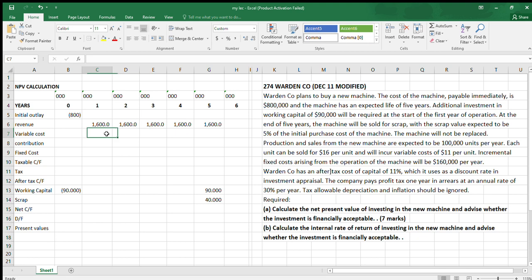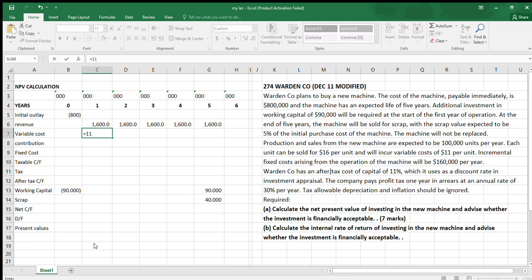The question also said that there's variable cost. They will incur a variable cost of $11 per unit, so $11 per unit for the 100,000 units. It will become a negative figure because it is a cost.